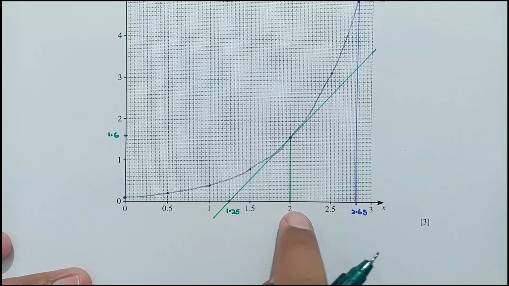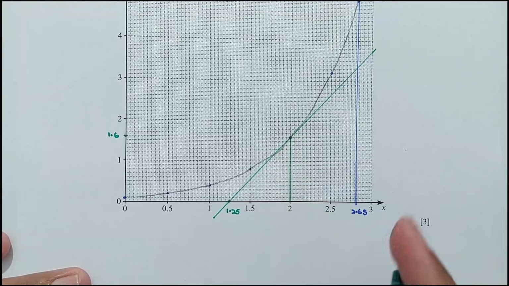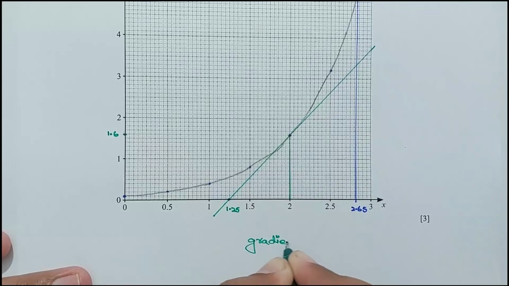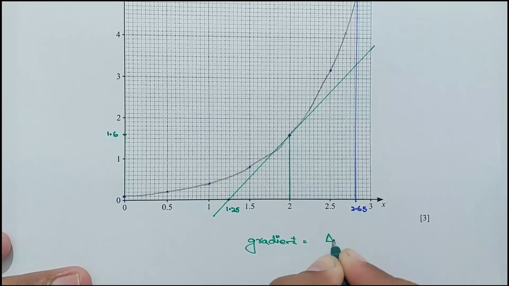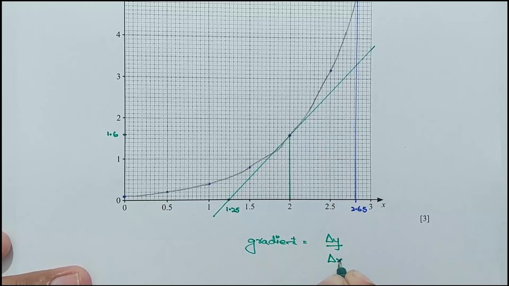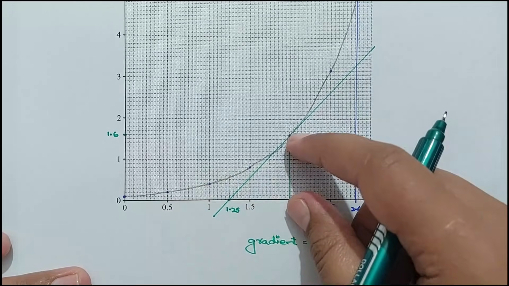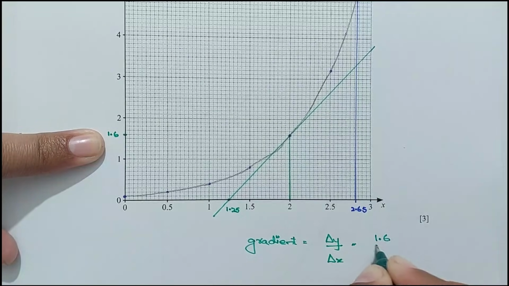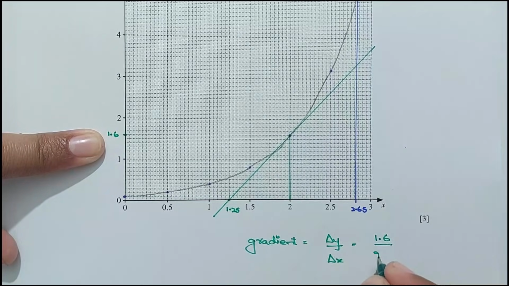This is the change in x values and change in y values. Gradient is change in y values over change in x. The change in y is from 0 to 1.6, so this is just 1.6. And the x change is from 2 to 1.25.